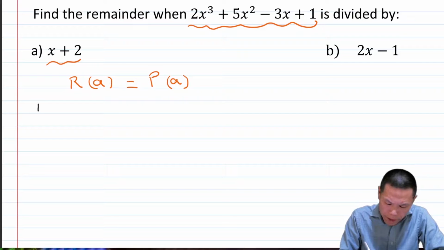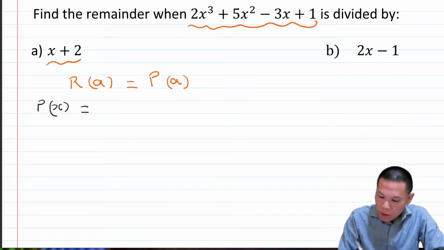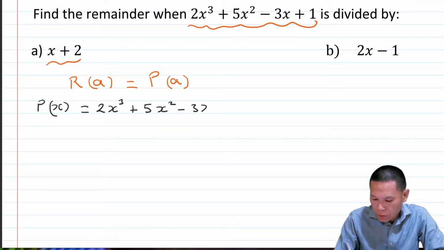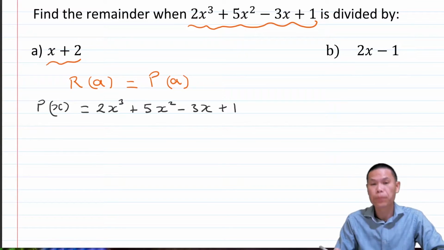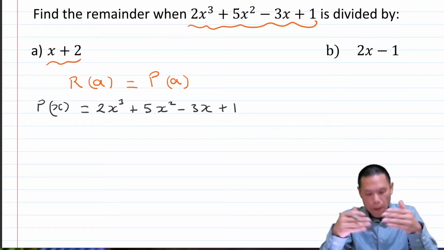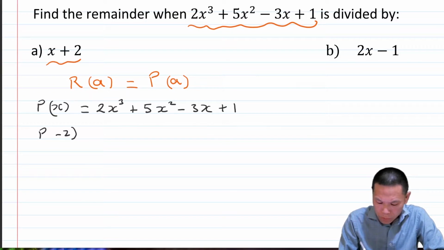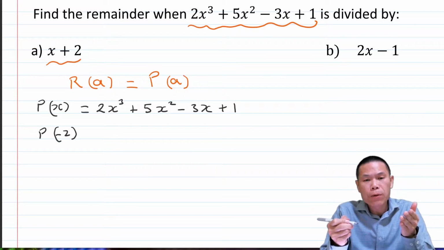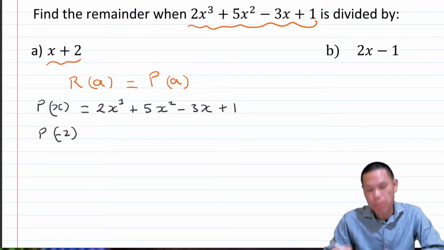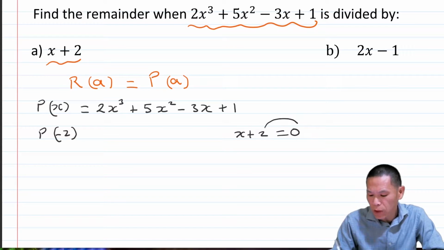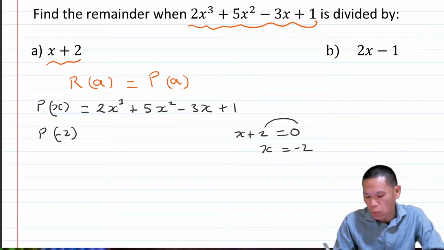We know p of x is equal to 2x to the power of 3 plus 5x squared minus 3x plus 1. Now we need to find p of negative 2. Where do I get p of negative 2 from? If you think about it, x plus 2 is equal to 0, so x is negative 2.